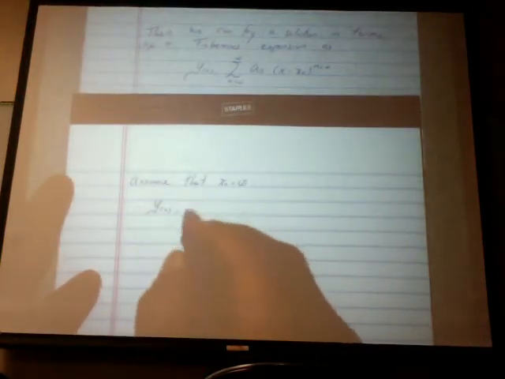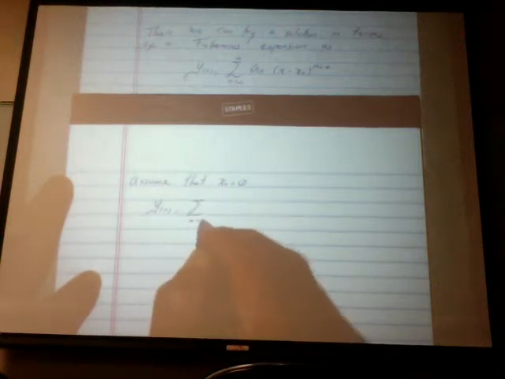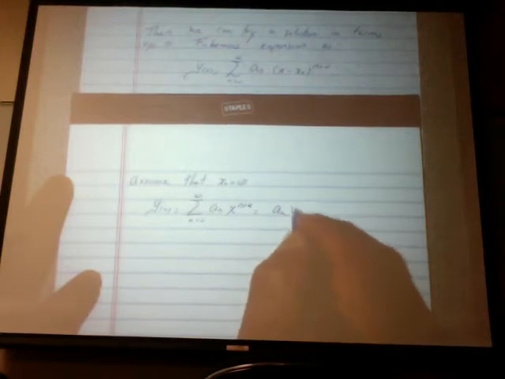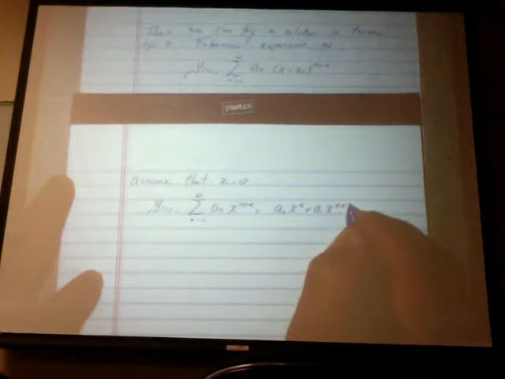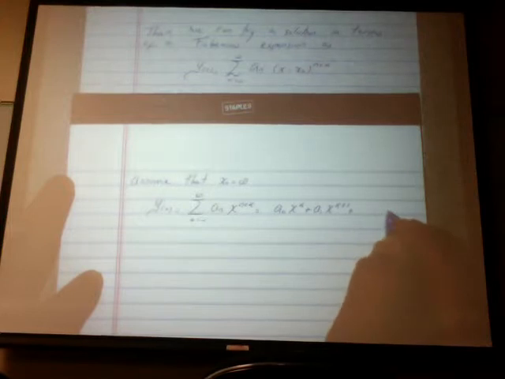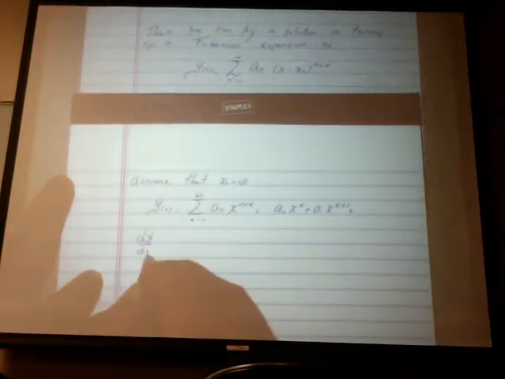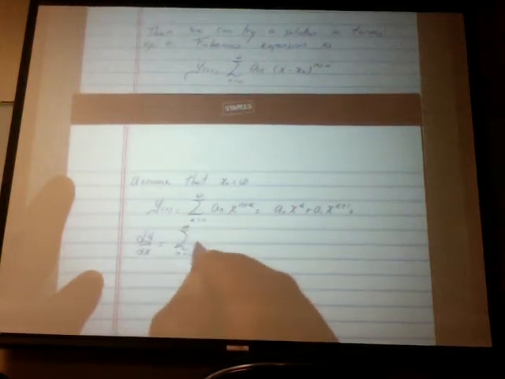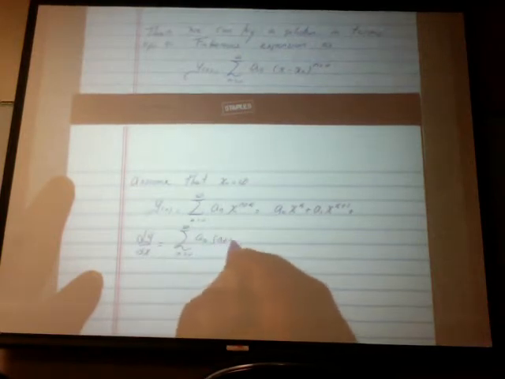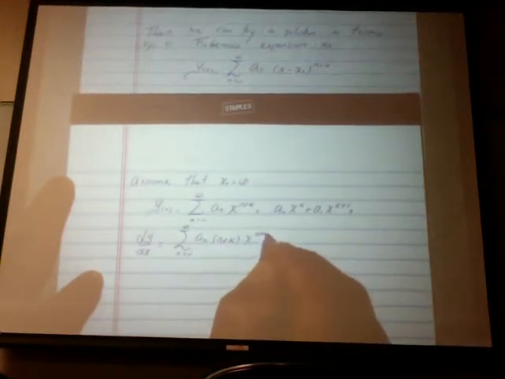And if that's the case, then y of x, which is equal to the summation from n equals 0 to infinity of an times x to the n plus k, will be equal to basically a0 x to the k plus a1 x to the k plus 1 plus so on and so forth. dy dx is the summation from n equals 0 to infinity of an times n plus k times x to the n plus k minus 1.